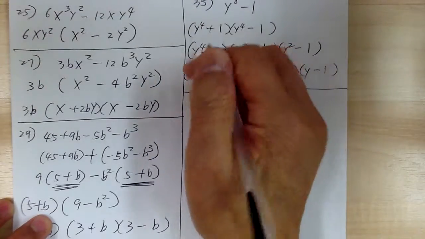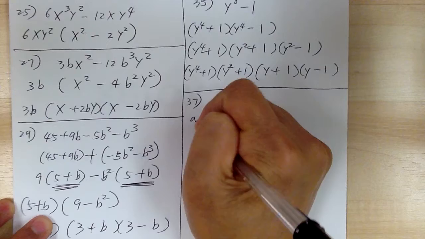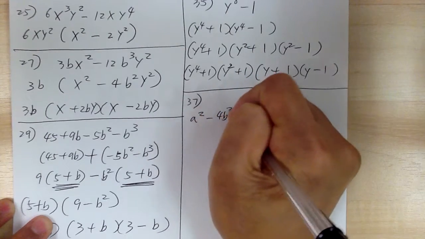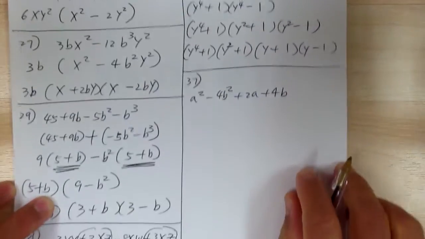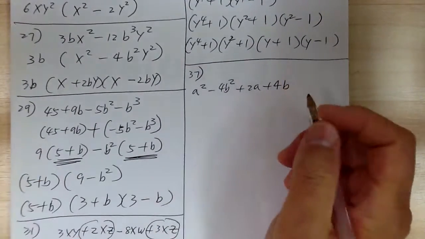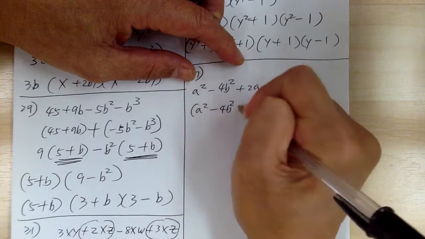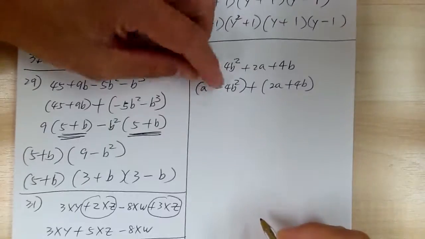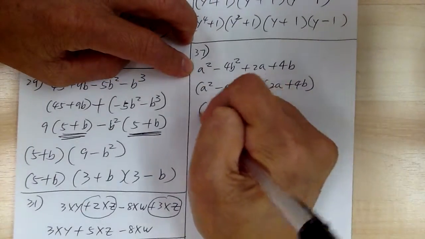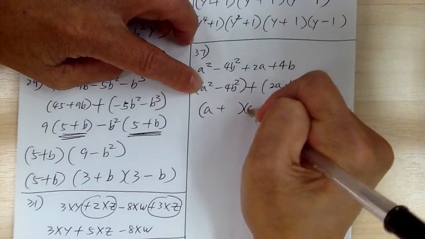Okay, let's go to 37. I have an a squared minus 4b squared plus 2a plus 4b. Step 1 cannot. Step 2, okay, grouping. So this is the difference of square. So this one would be my conjugate. So I need to get a times a.